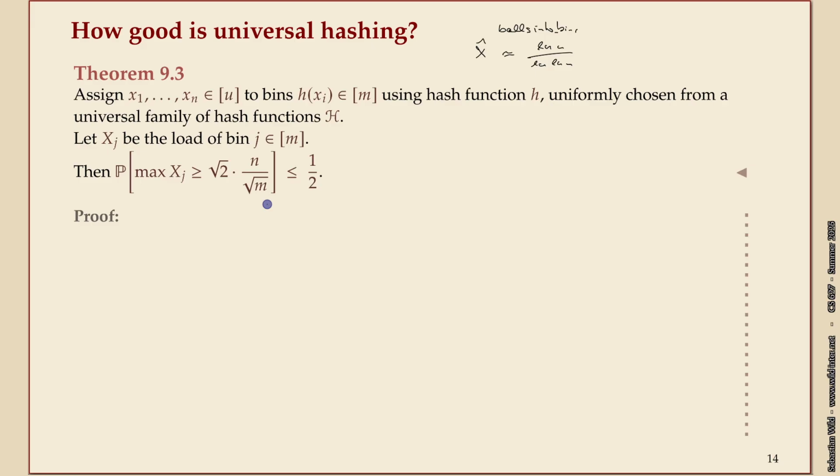What we get is that the most loaded bin, that's our x hat, is with good probability not larger than n divided by square root m. In particular, if you again set n to m, let's take n, then the most loaded bin is not usually bigger than 2 times square root of 2n, so roughly square root n. But that's still a lot more than log n over log log n.